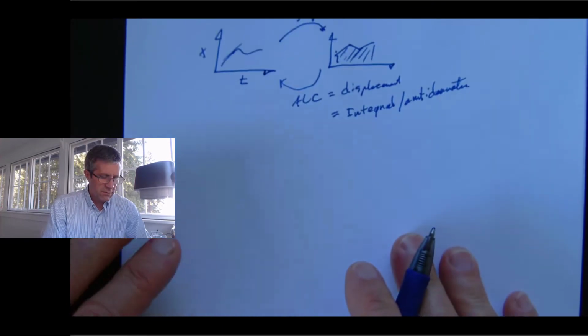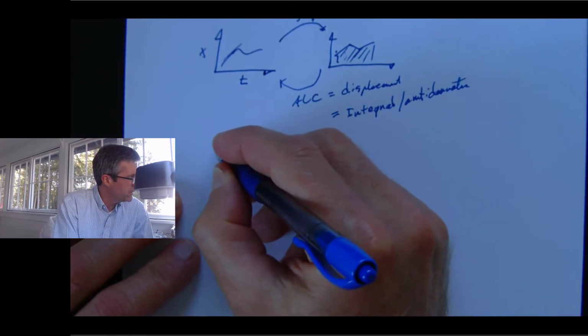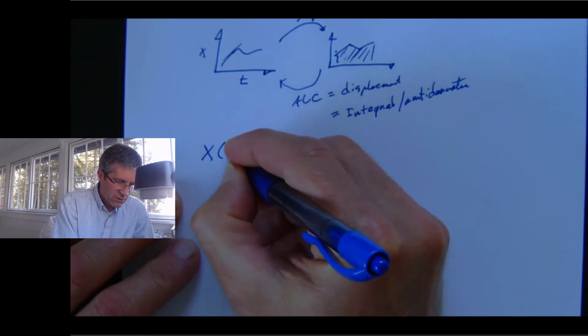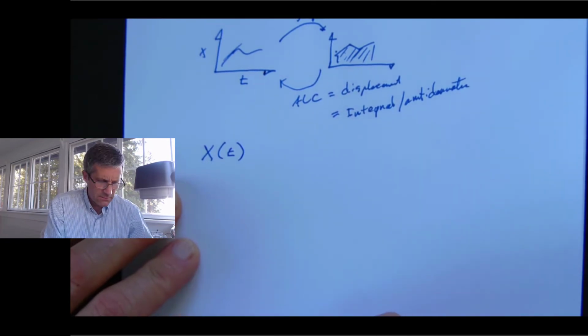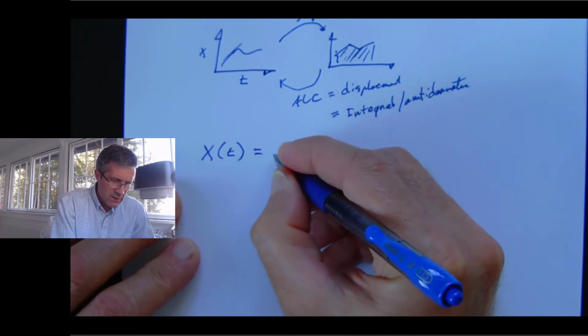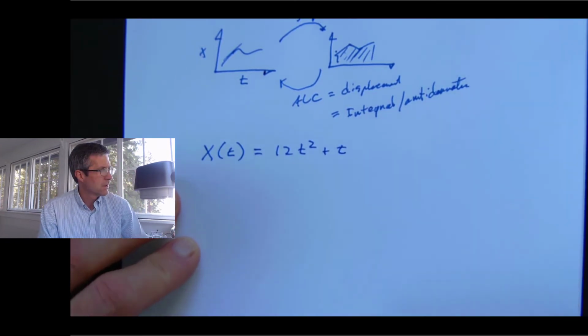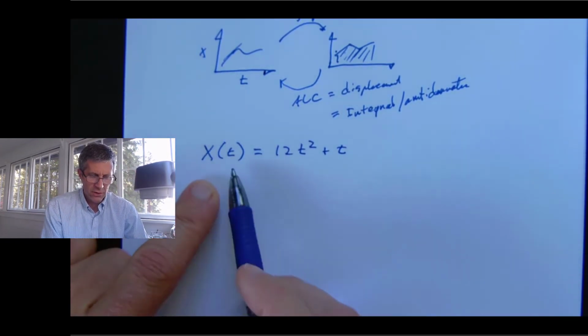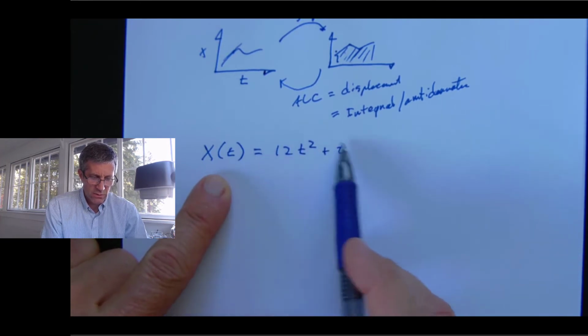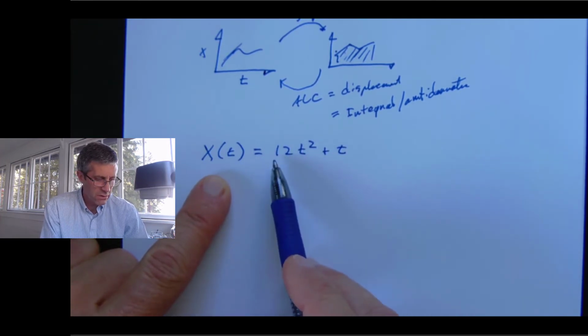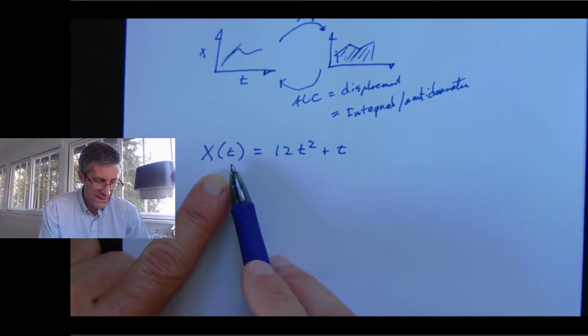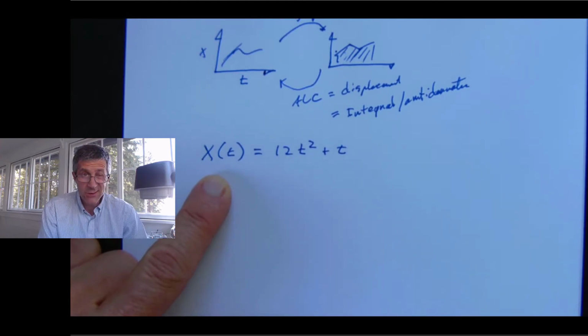First, say we have a function for position related to time: 12t squared plus t. At 0 time, I plug in 0, and I'm at 0 position. At a time of 1 second, I'd be at 13 meters.